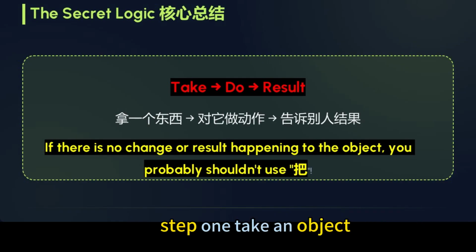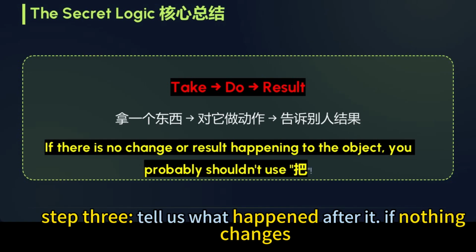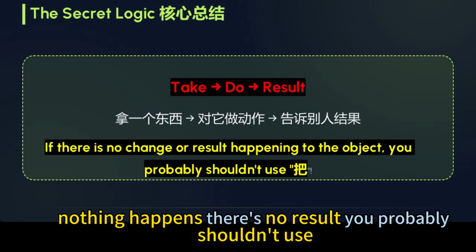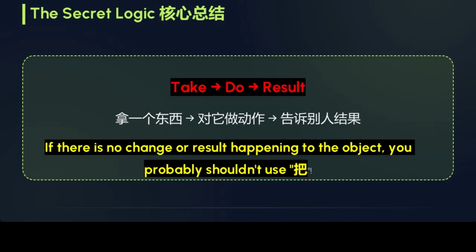Step 1, take an object. Step 2, do something to it. Step 3, tell us what happened after. If nothing changes, nothing happens, there's no result, you probably shouldn't use 把. You need to answer what happened to the object.